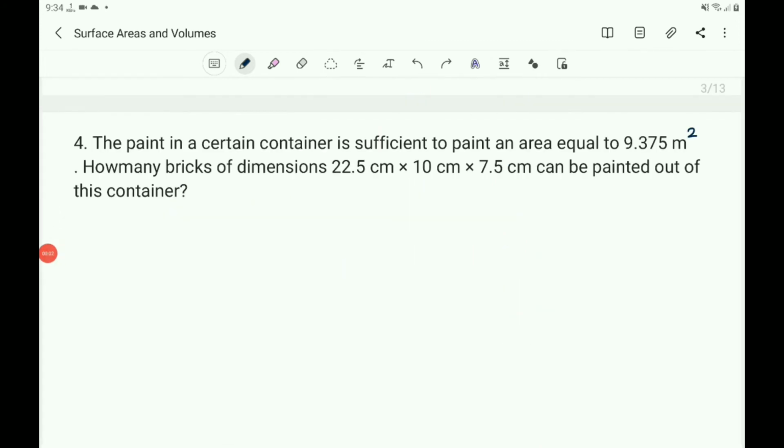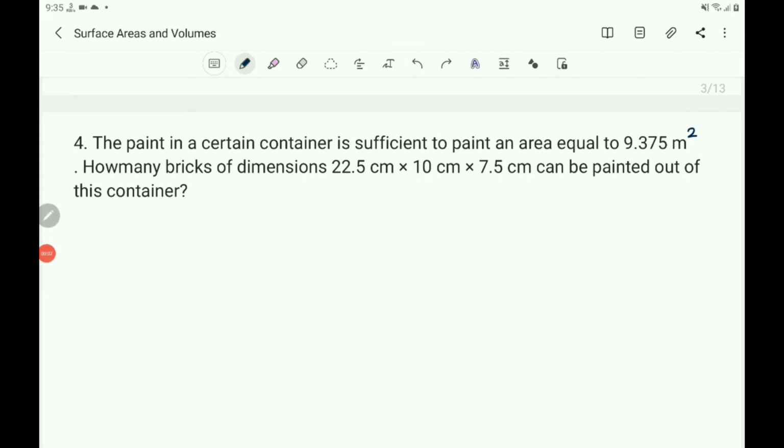Now let us take the fourth question. The paint in a certain container is sufficient to paint an area equal to 9.375 m square. How many bricks of dimensions 22.5 cm into 10 cm into 7.5 cm can be painted out of this container?